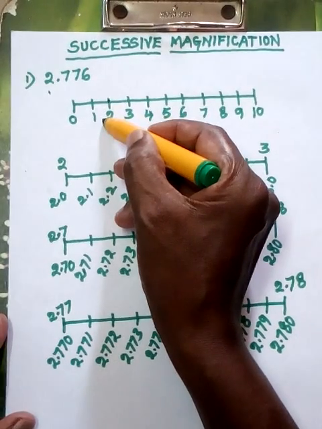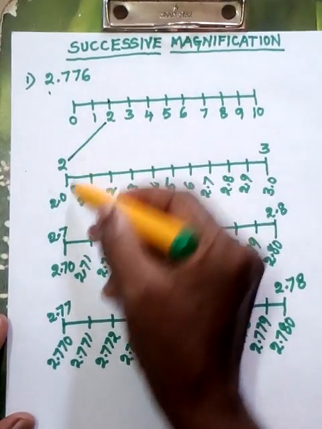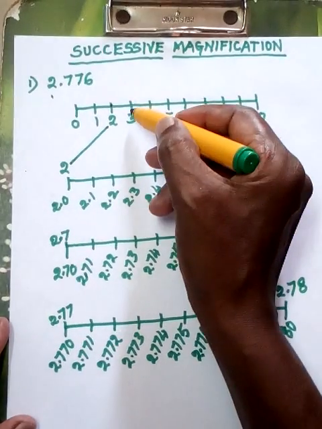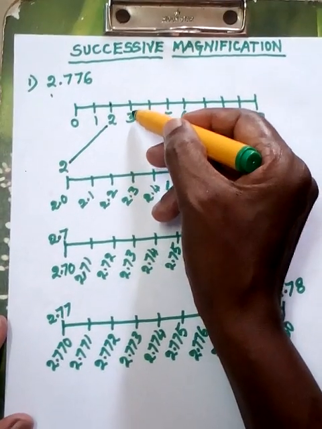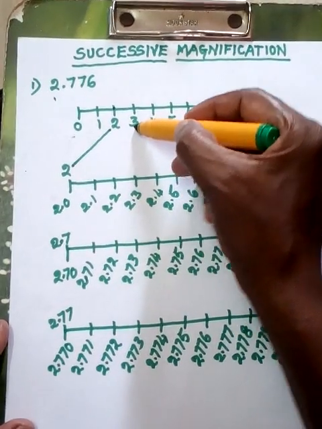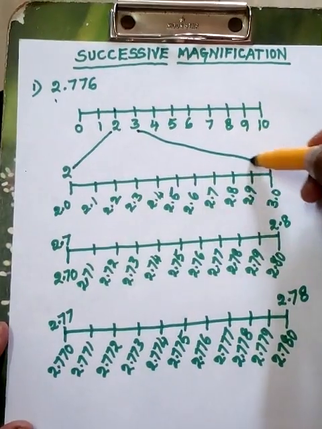From this 2 we draw a vertical line, and we take the next number after 2. So 3 is the next number after 2.